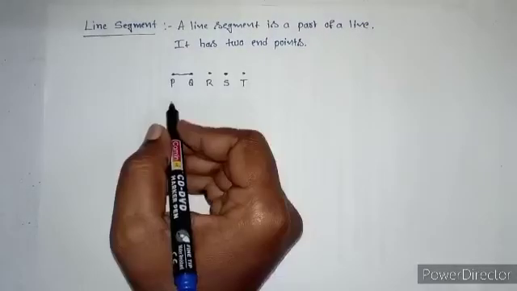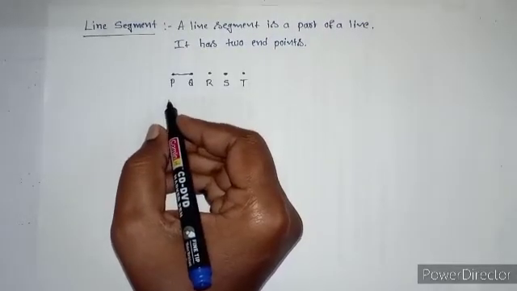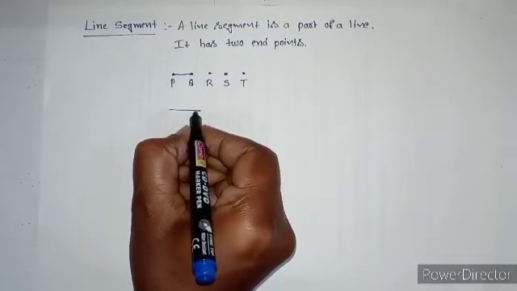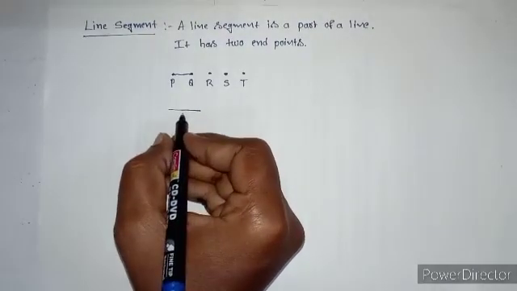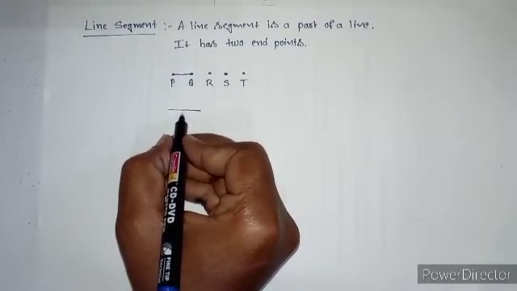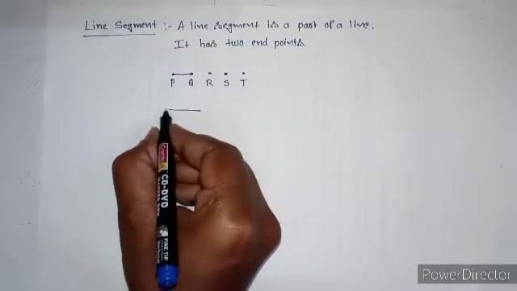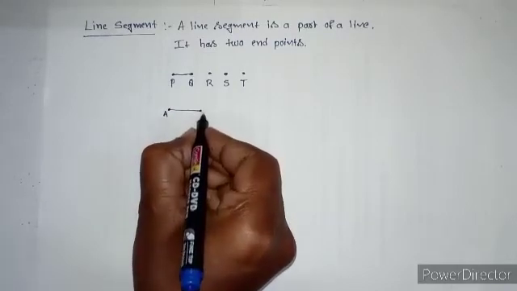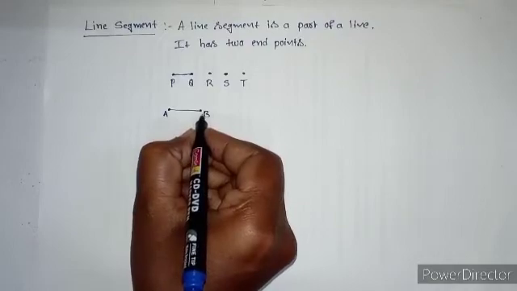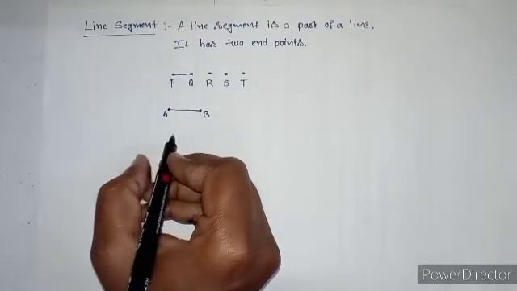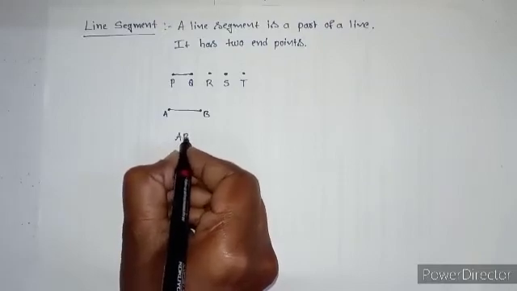The symbol to denote a line segment is this bar. Line segments are named by putting a bar over the letters of the two end points. For example, this is point A and this is point B, so this segment shown is named AB bar.